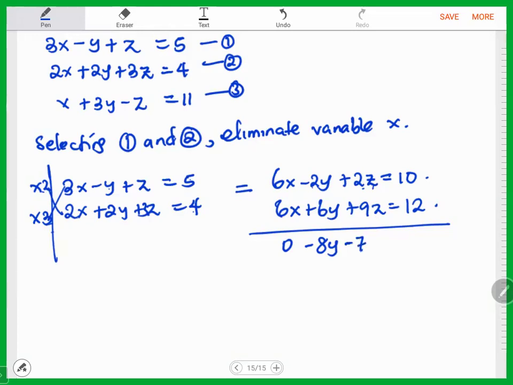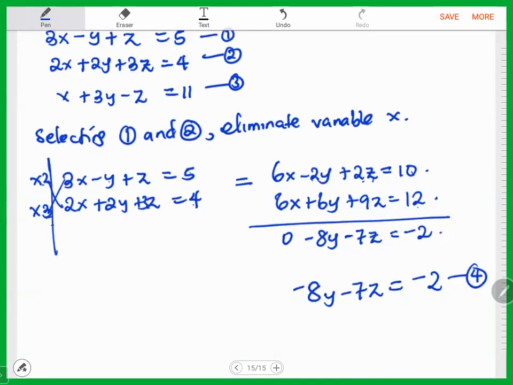And 10 minus 12 gives us minus 2. So the equation we get here is negative 8y minus 7z is equal to minus 2. And this is equation 4.